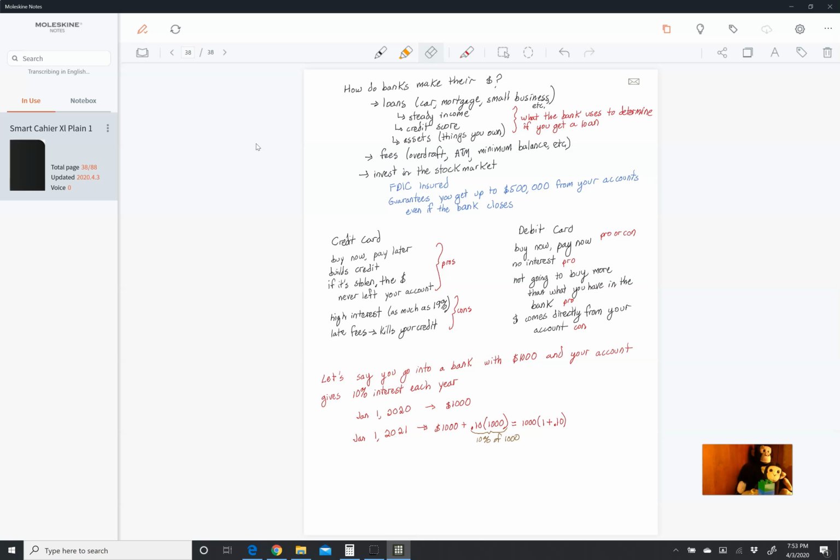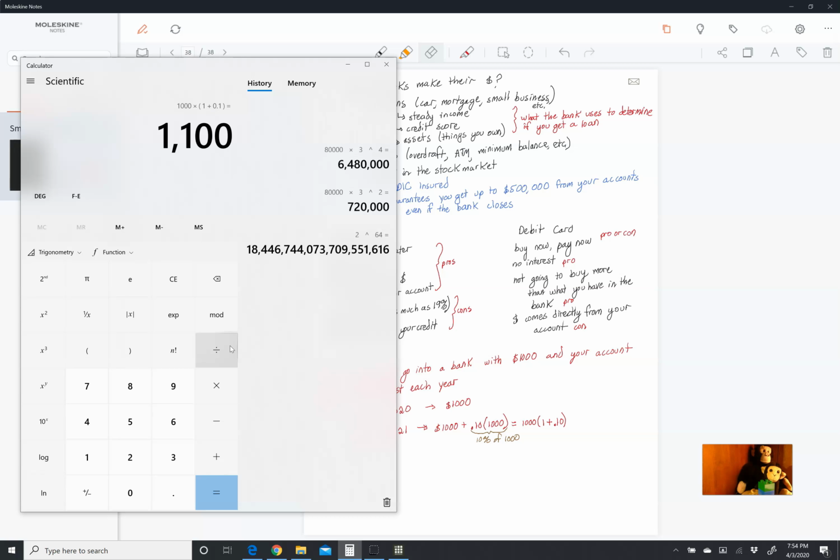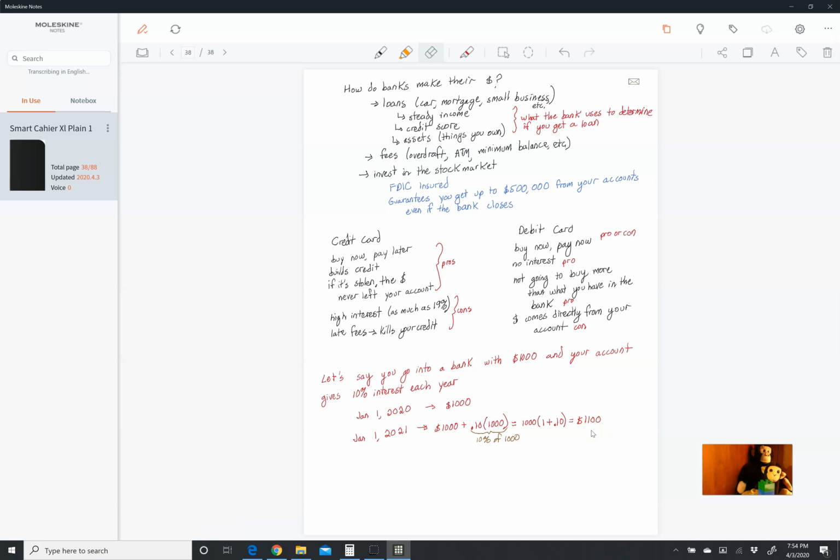Okay. Well, if we take 1,000 and we multiply by 1 plus 0.10, that's going to give us how much we have in the account at the end of the year. And it tells us that we have $1,100 in the account.